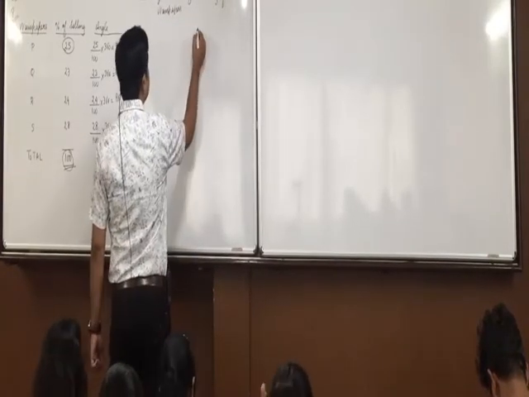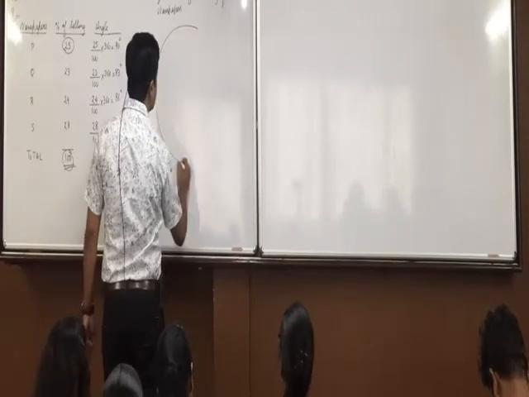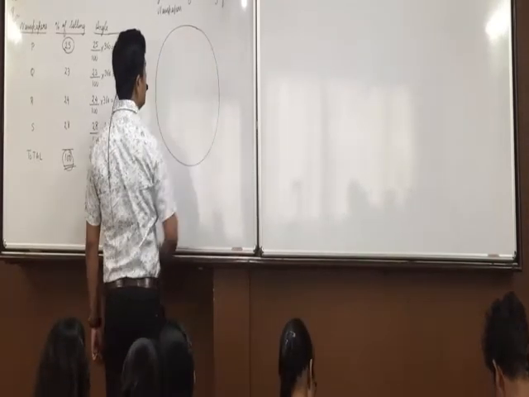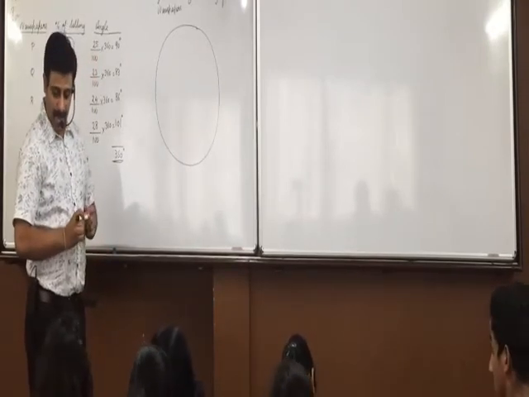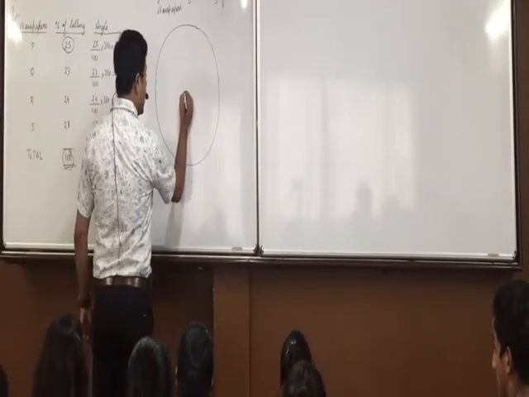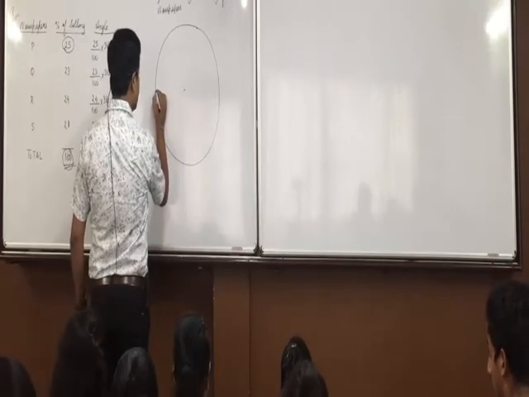Make a circle with any radius. Okay? And draw the radius line also on the left side from the center.